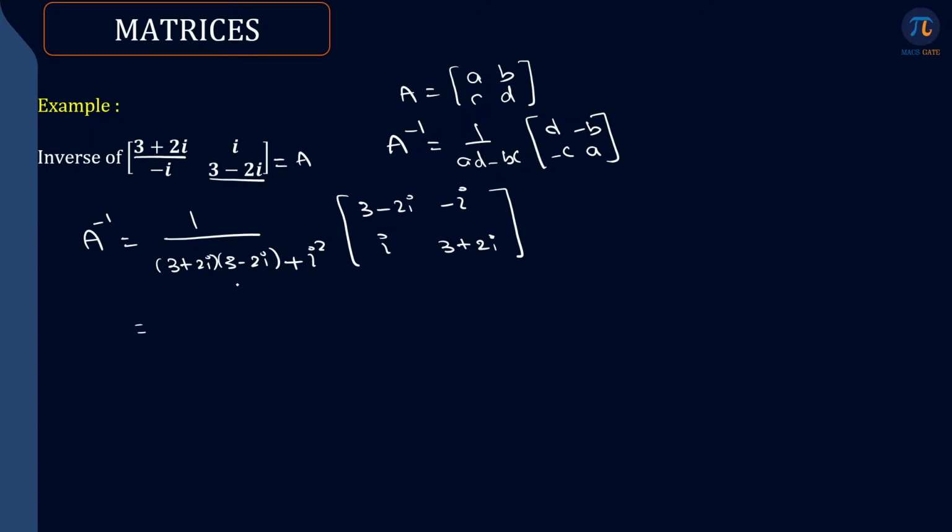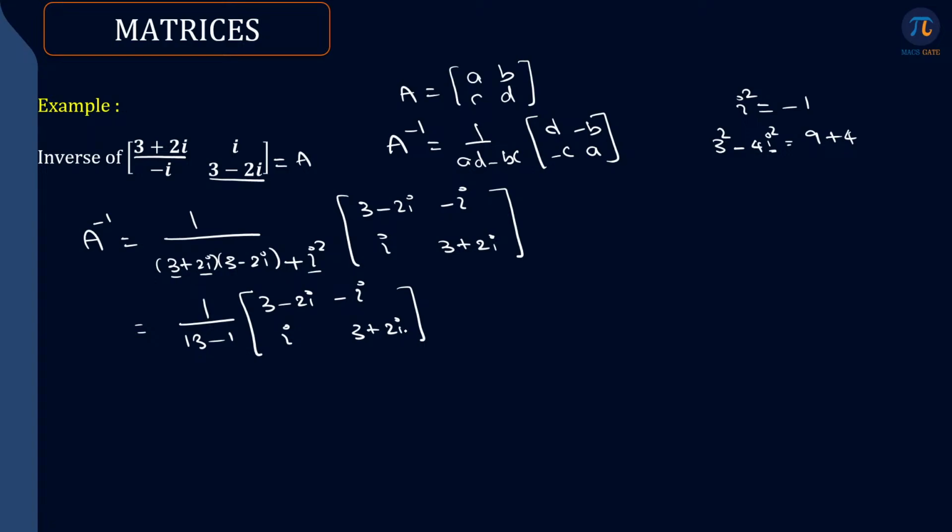If you multiply them, those who do not know, i square is minus 1. Here it is (a plus b)(a minus b), that is a square minus b square, that is 9 minus 4i square. I square is minus 1, minus of minus is plus, so 9 plus 4, 13, and this is minus 1. So it is 13 minus 1, that is 12, and the matrix is 3 minus 2i, minus i, 3 plus 2i. So it is 1 by 12 times [3 minus 2i, minus i; minus i, 3 plus 2i].